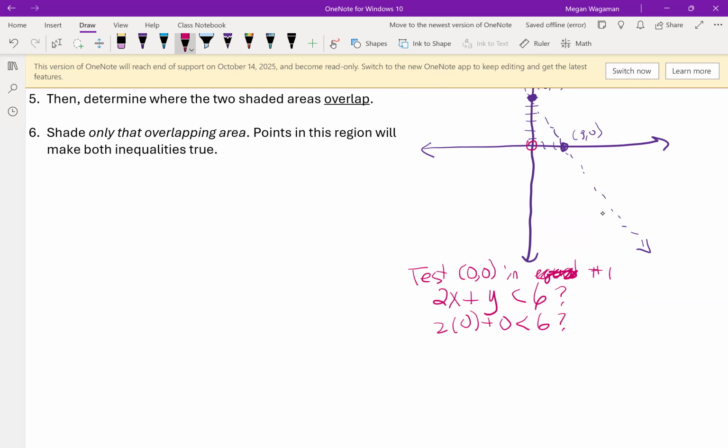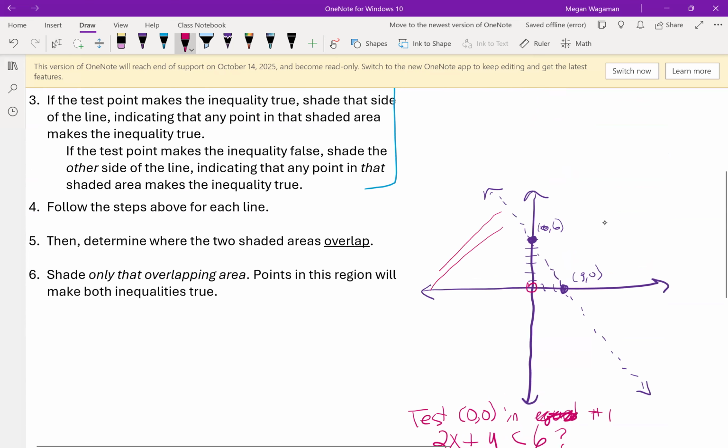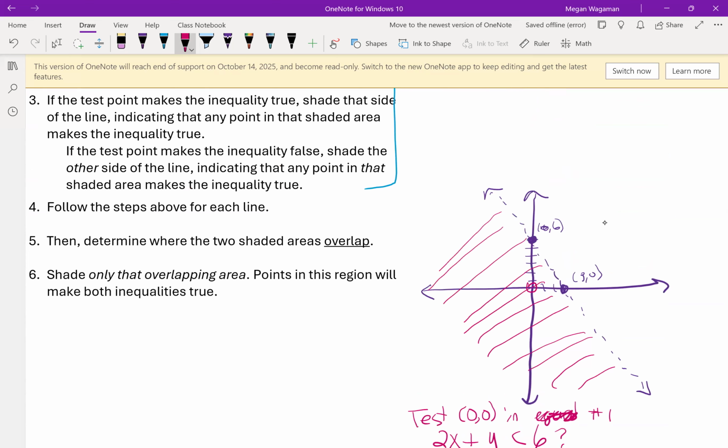And the answer is yes, because 0 is less than 6. So this is true. So that means that for this line, I need to shade this side that includes the (0, 0). I'm doing it not completely, because we also need to see where the other line ends up to see where those two areas of shading overlap. So that's the key thing when you're working with two at once.